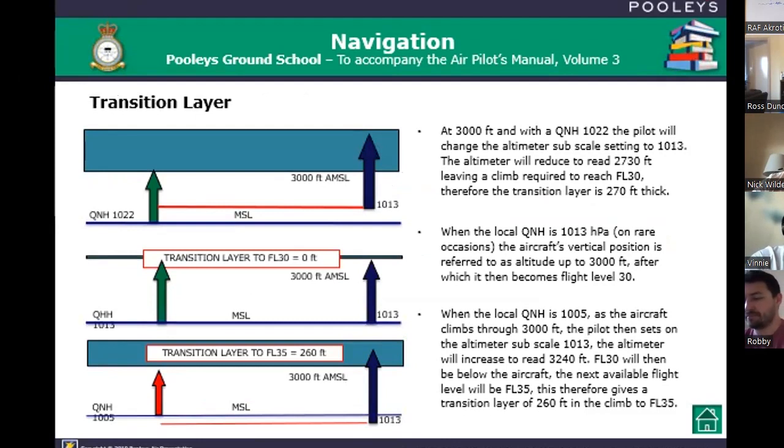You can actually see the transition layer might be 0, or it might be huge, depending on how different the QNH is from 1013. Exactly as Nick pointed out.